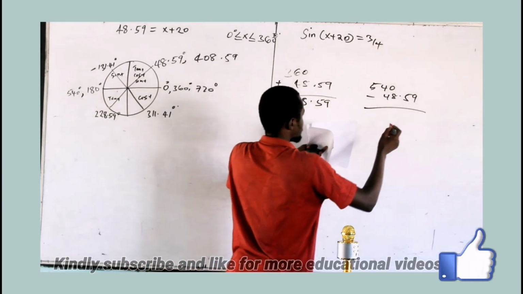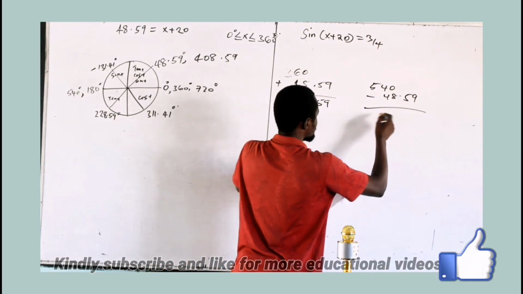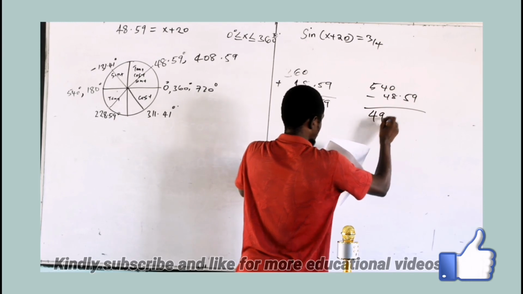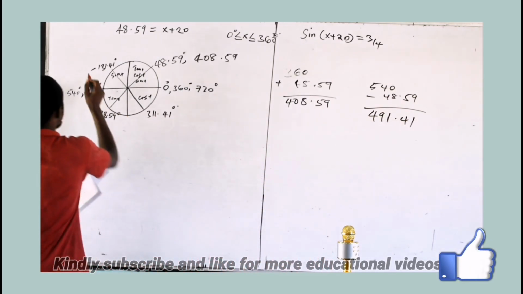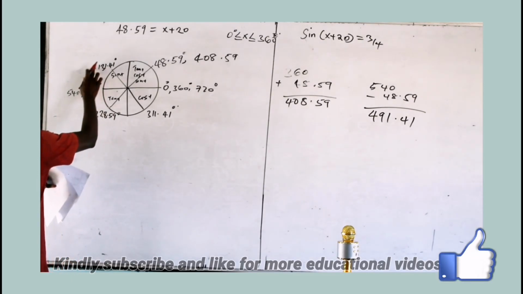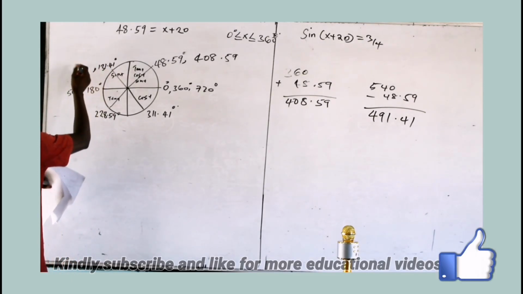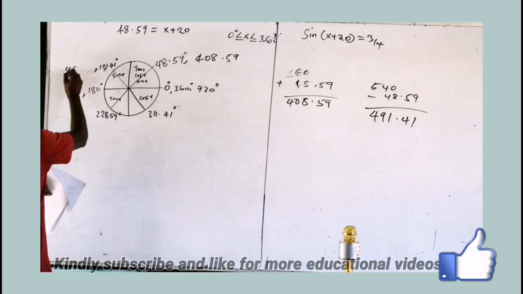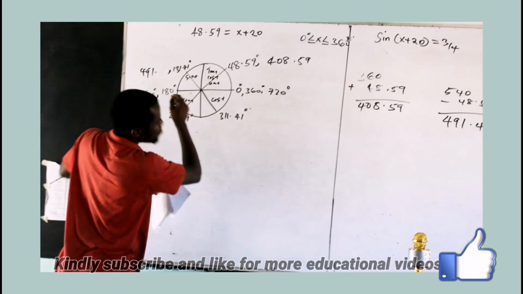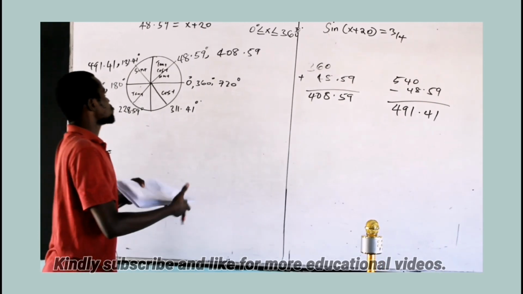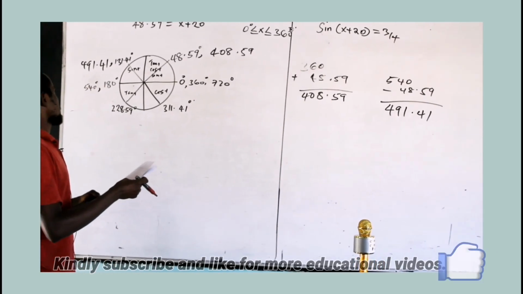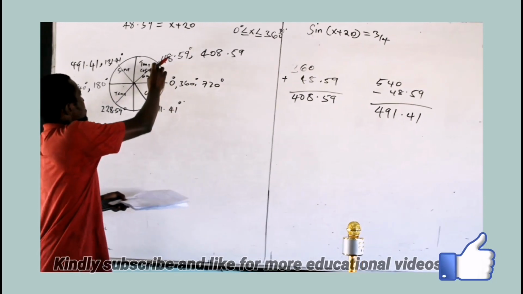That gives 491.41. So in my second quadrant, second rotation, the angle formed there is 491.41.